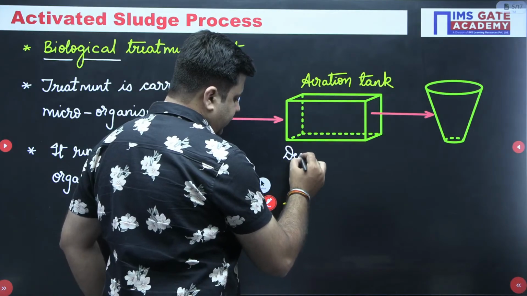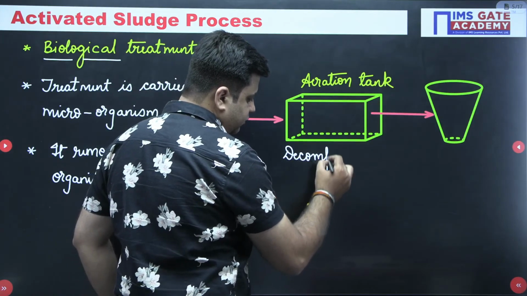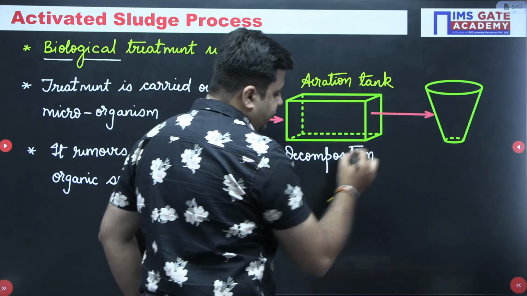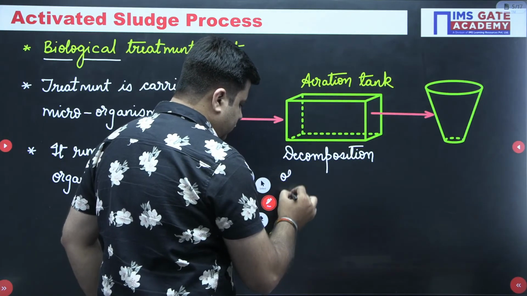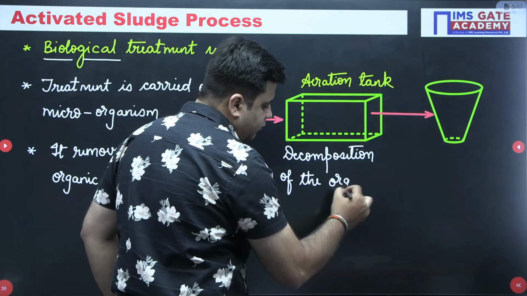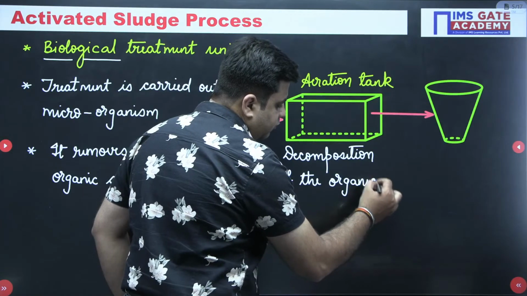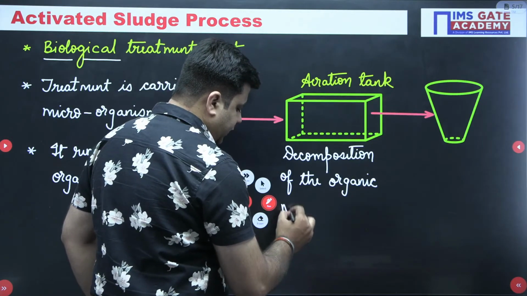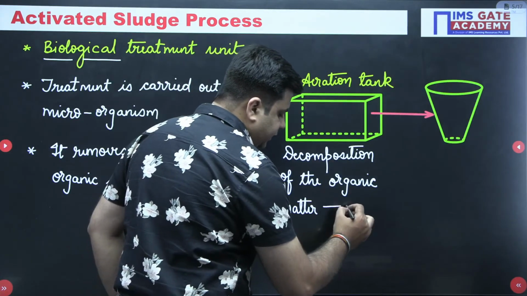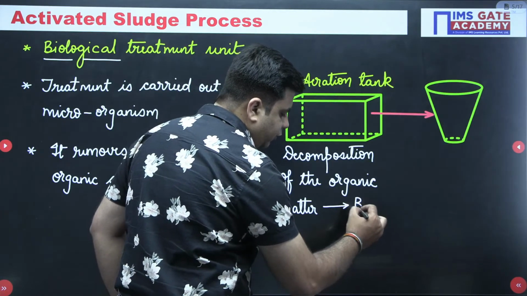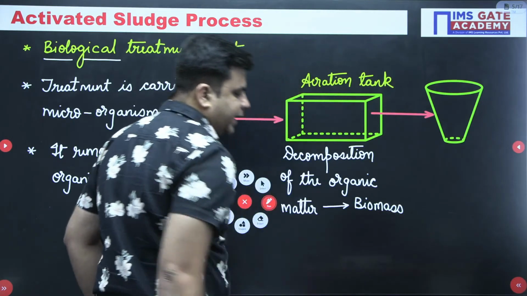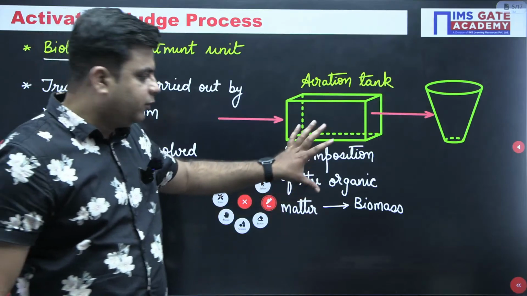Decomposition of the organic matter takes place in the aeration tank, and this decomposition leads to the formation of biomass.